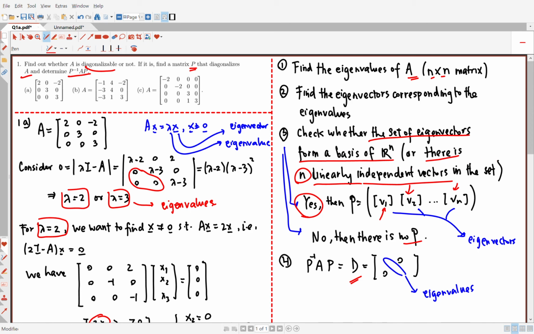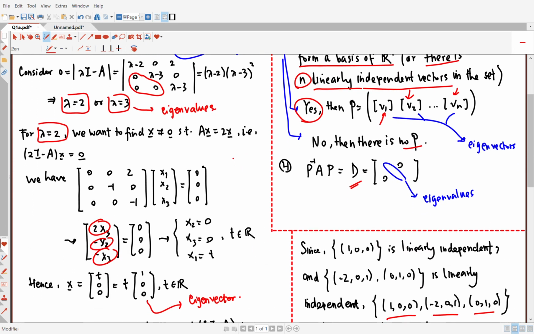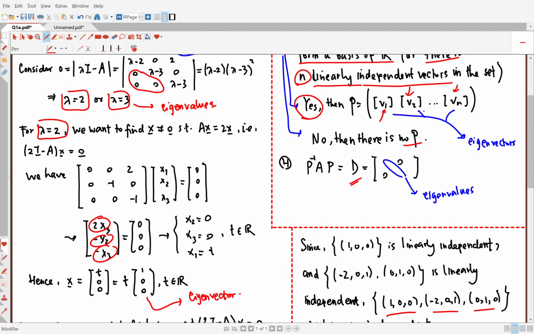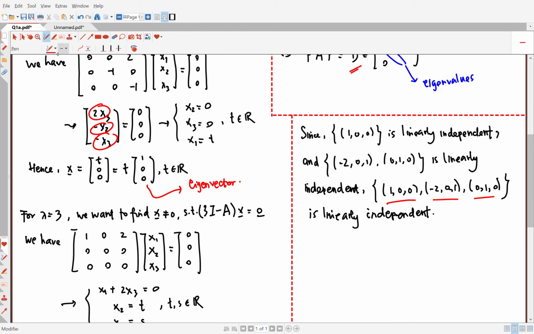So I can write my P. We just need to put these in terms of column vectors and list them.